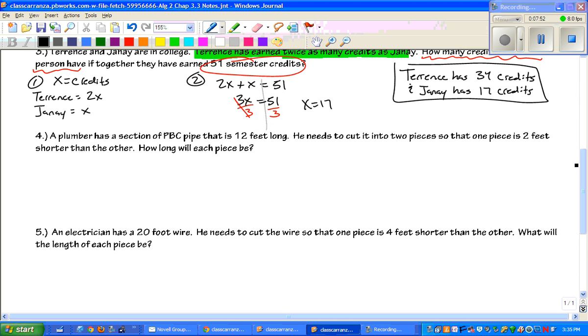Number 4, a plumber has a section of PVC pipe that is 12 feet long. He needs to cut it into 2 pieces so that one piece is 2 feet shorter than the other. How long will each piece be? So let's talk about PVC pipe real quick.